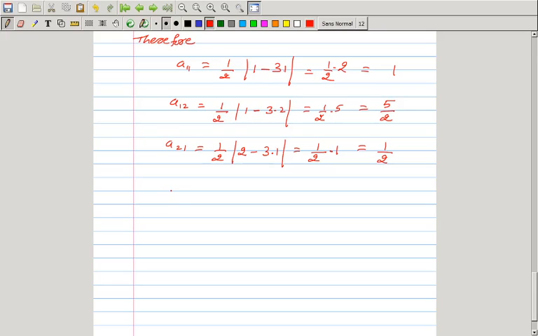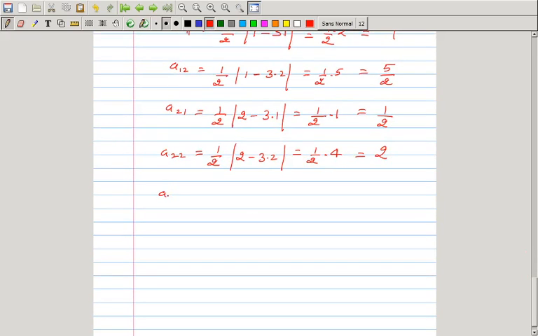Our next element is A22. Again we have half, the value of I is 2 minus 3 into 2. 2 minus 6 is minus 4, the modulus of that is 4, so this will be 2.